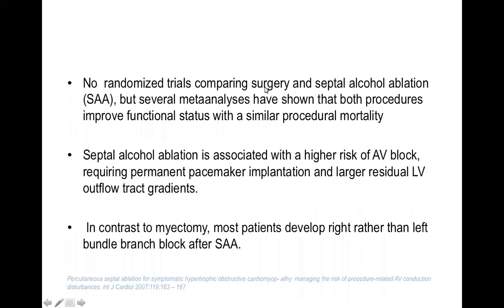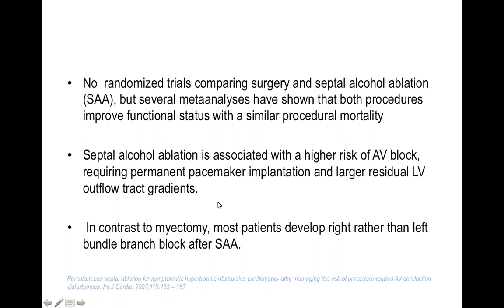The meta-analysis showed that both procedures improve functional status with similar procedural mortality. Septal ablation is associated with a higher risk of heart block, permanent pacemaker implantation, and a larger residual LVOT gradient.